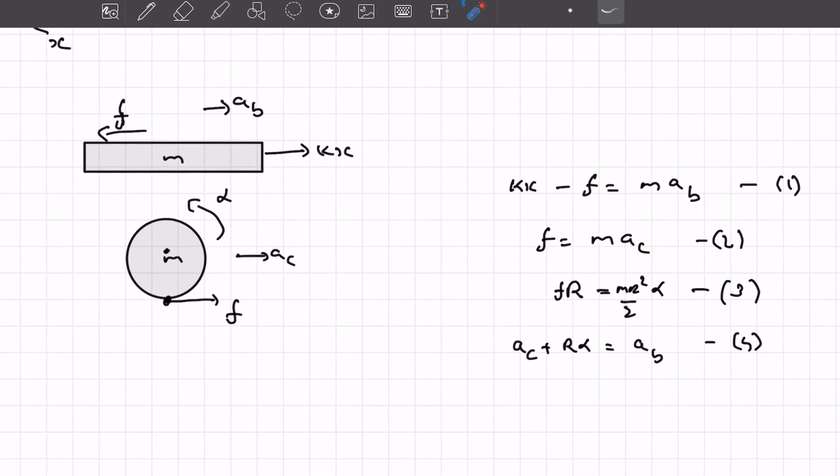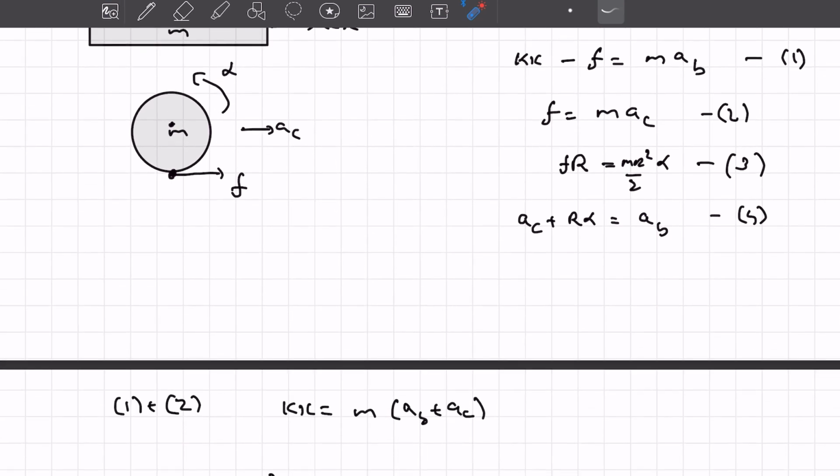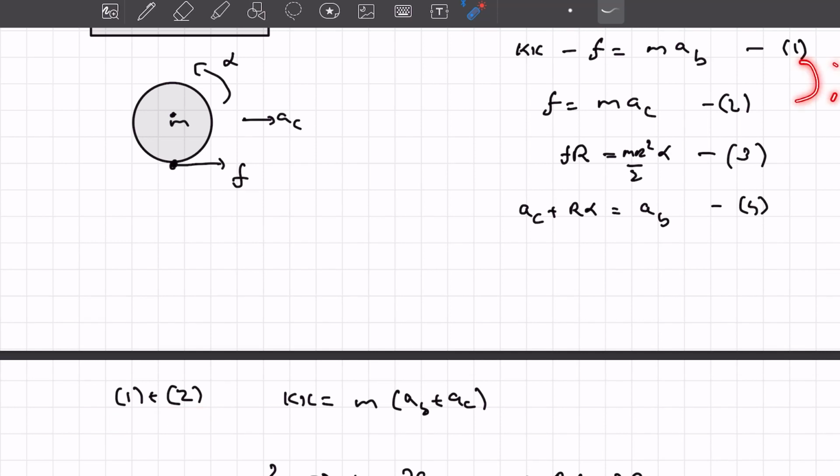Now what we have to do is we need to express AB as some k times x, right? So we need AB and x. So we need to eliminate everything else. So if we add equations 1 and 2, we can eliminate the friction and get kx equals m times AB plus AC. Now if we eliminate AC, the question is done.